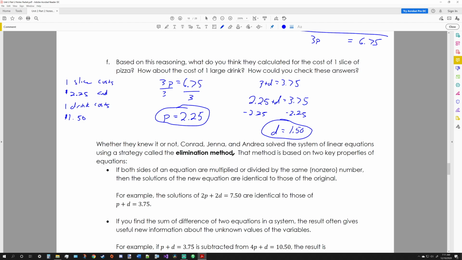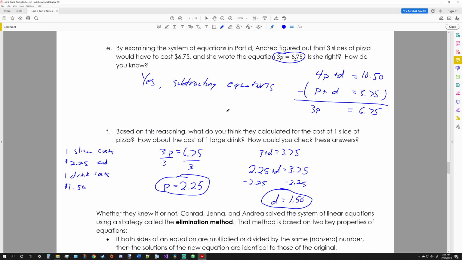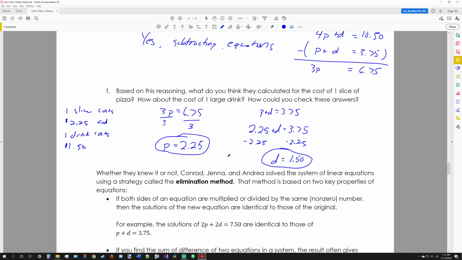So this is the idea of the elimination method. The things we just talked about. We can multiply equations, right? We doubled it, or we took an equation and cut it in half. So we can multiply equations by values. We can subtract equations. We can add equations. And that's what we do for elimination.